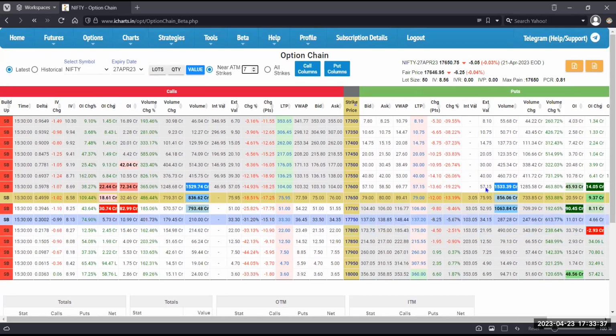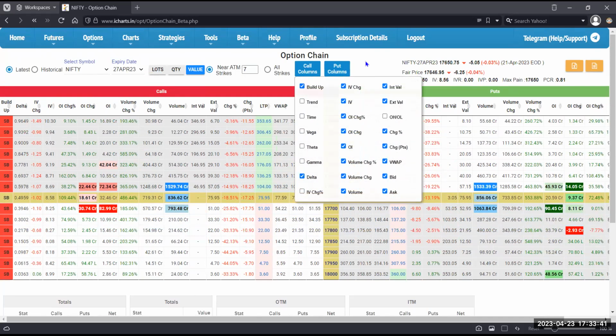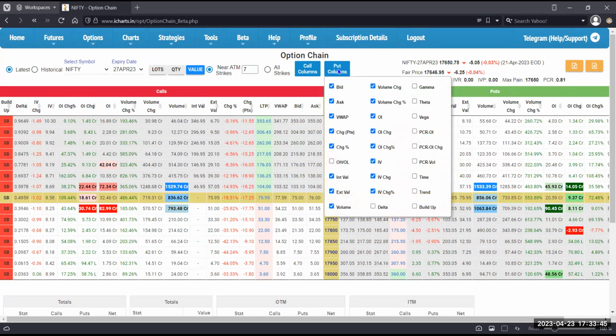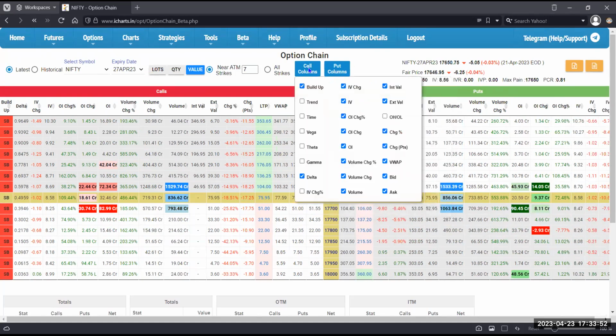Sir, good evening, sir. One thing, since we are developing this tool, one suggestion I was having: every column we are enabling and disabling. Can we select and shift columns according to our preference?